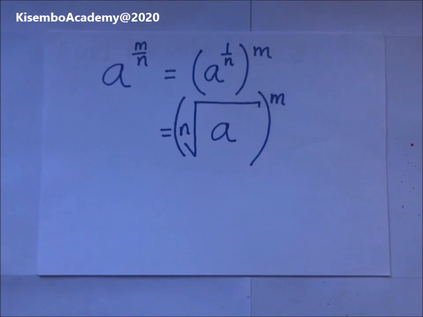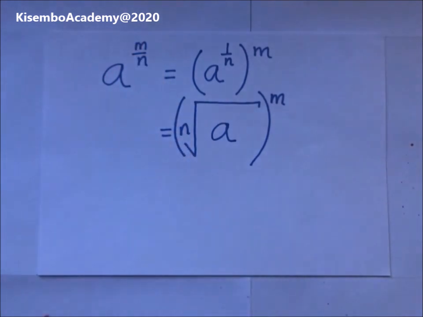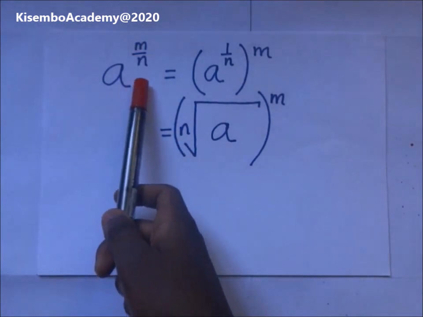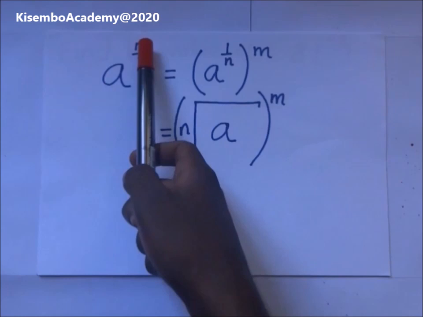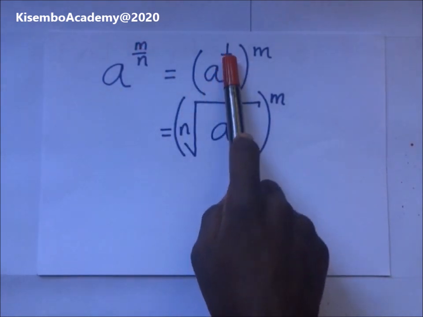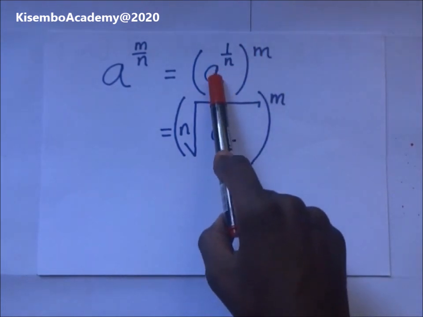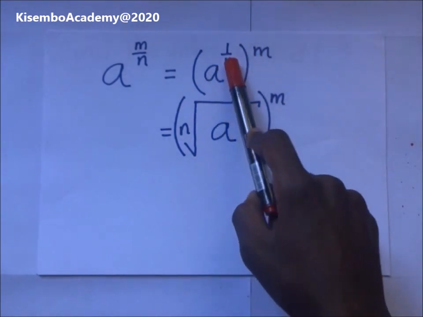So right on our screen we have a fractional index, a to the power m over n. Now, there is another interpretation of this. A to the power m over n is the same as a to the power 1 over n times m. And this is the same as the nth root of a to the power m.